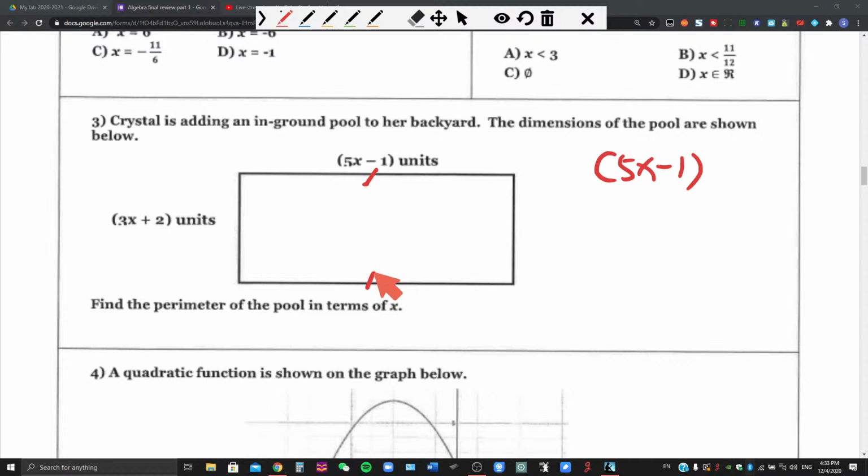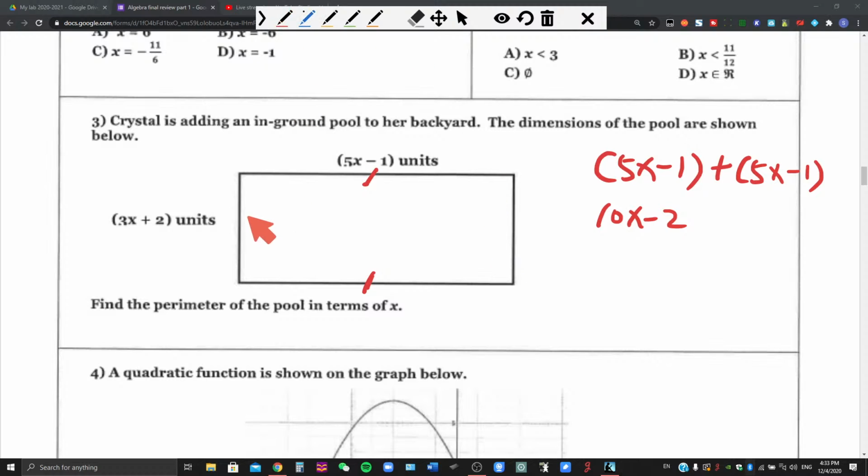And we also need to add this other length. They are the same, so we just add another 5x subtract 1. They add up: 5x plus 5x is 10x, subtract 1 and 1, so subtract 2. The two lengths add up to 10x subtract 2.